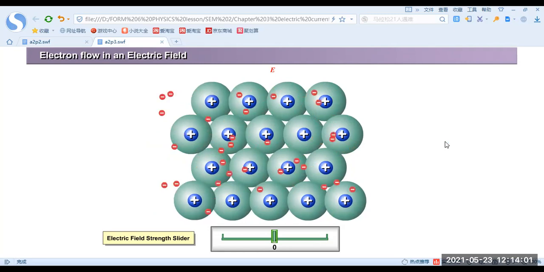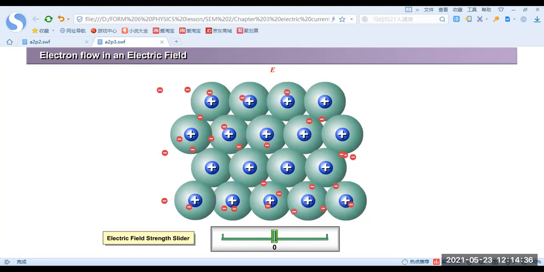Can you imagine the left side and right side as flat plates charged with positive and negative? In between the positive and negative terminals, it will produce an electric field. Electrons consist of negative charge.